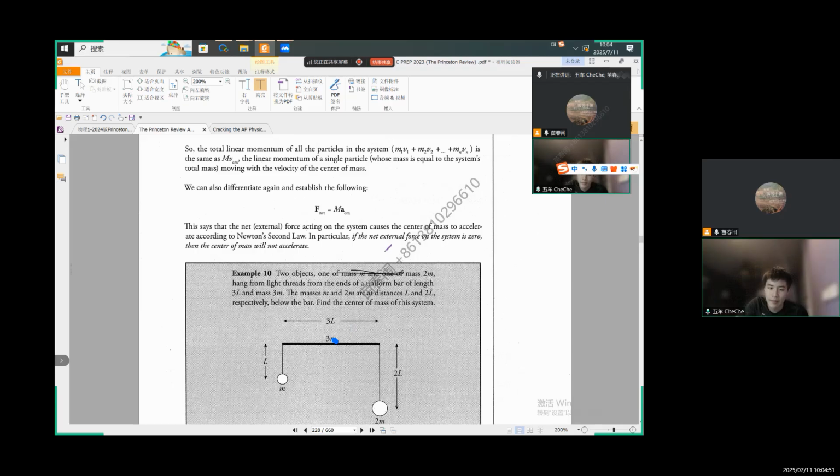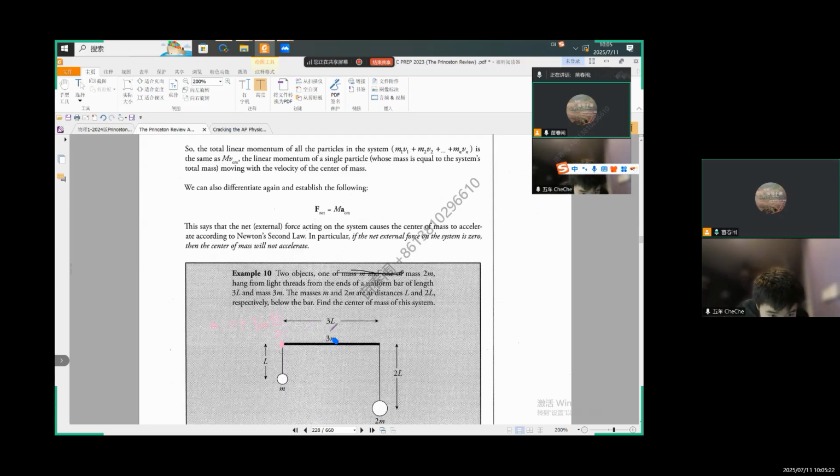I can just pick any pivot here. I can pick this one as well, convenient for me. What about the mass here? I also calculate it, because this mass times this distance is 0, right? And this one is 3m times this, which is the center, 3L over 2, right?